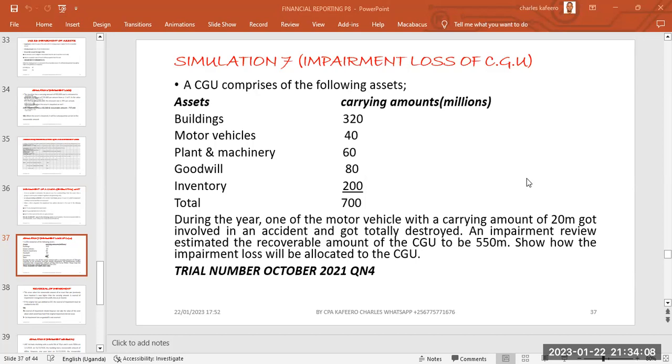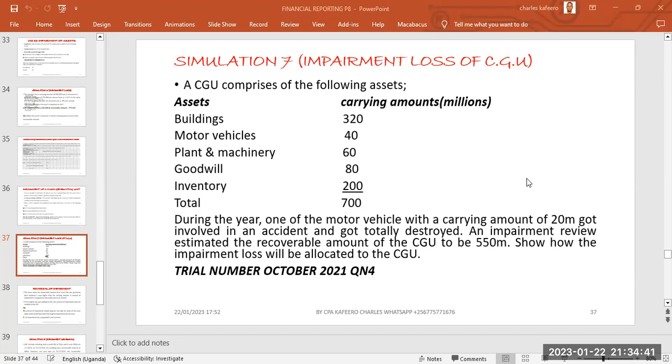Maybe the asset had an accident and it completely crashed down and you can't recover anything from it. So that's what we give as our first priority. Then the next one, we'll go to the goodwill that has been given to the cash generating unit. If there is any goodwill, then we are supposed also to write off the goodwill. Then the last one is now the balance.